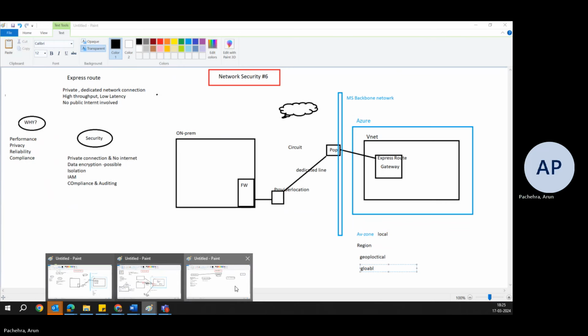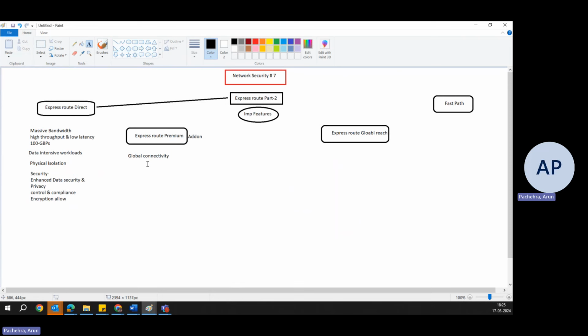Which one? This one, add-on. So it will not make you go to geo boundary, but it will make you go to global connectivity. So it is tailored for organizations with extensive networking requirements such as global operations, complex routing architecture, and a need to connect multiple virtual networks across various regions to Azure. That's why global connectivity, because the need is there are multiple virtual networks across different regions which may fall into different geographies.